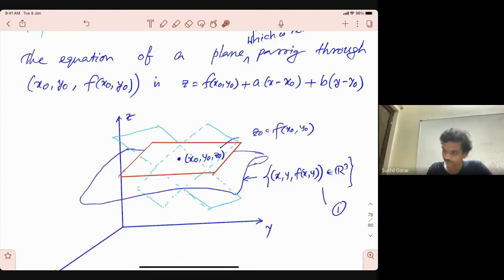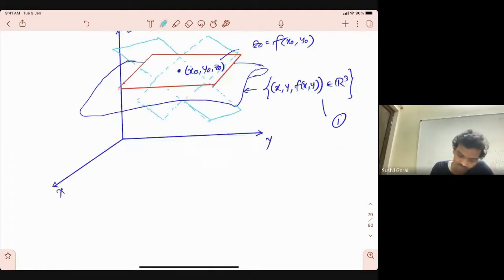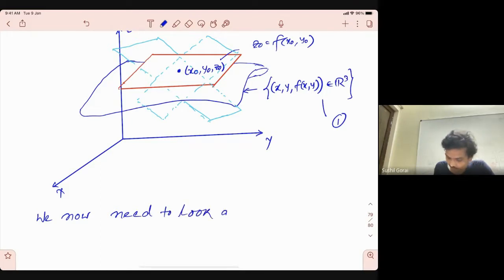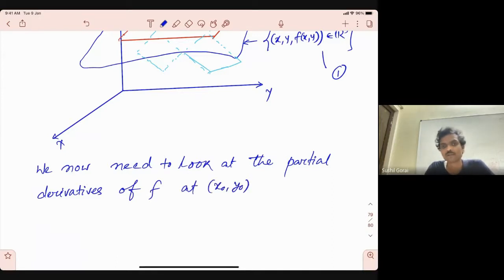All right. So here we now need to look at the partial derivatives of f at x naught, y naught.